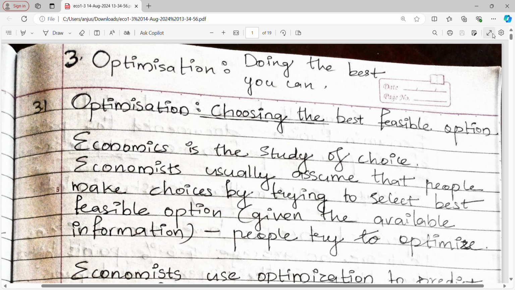The third chapter is optimization, which is a very important principle of economics, and we are studying it in detail. The chapter starts with a question: how does location affect the rental cost of housing? We are not discussing it at the beginning, and will look at it in detail later in this chapter.